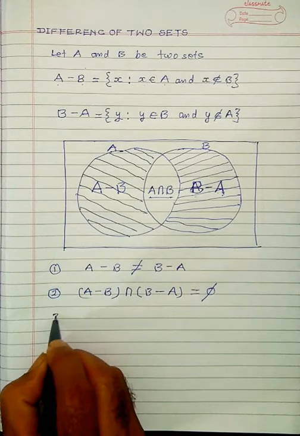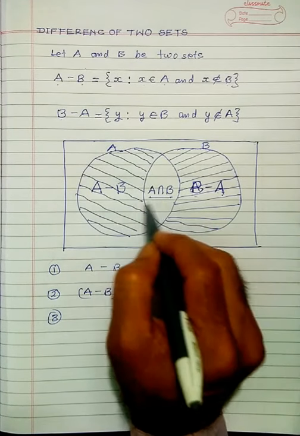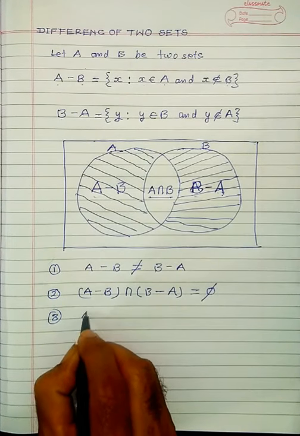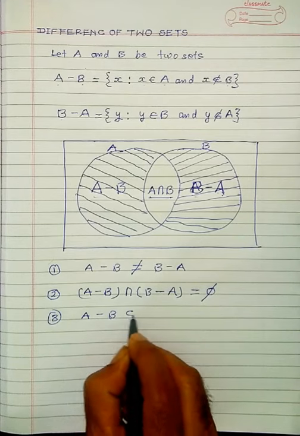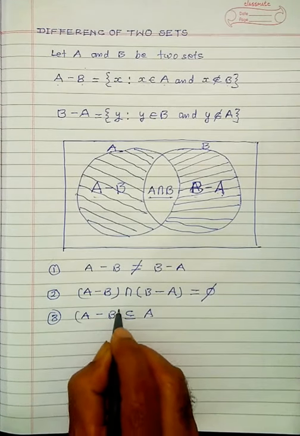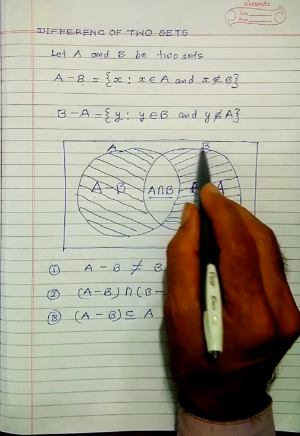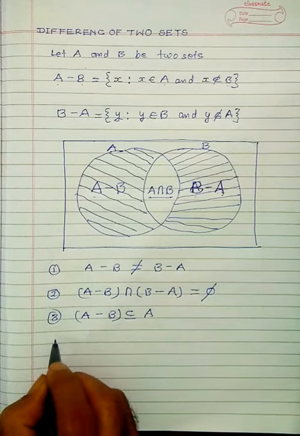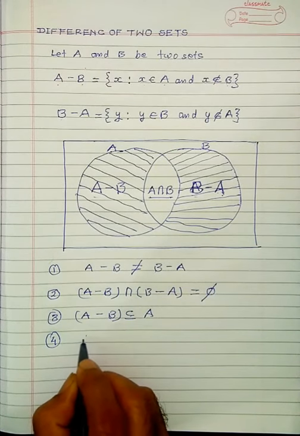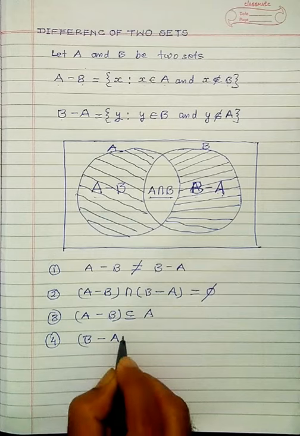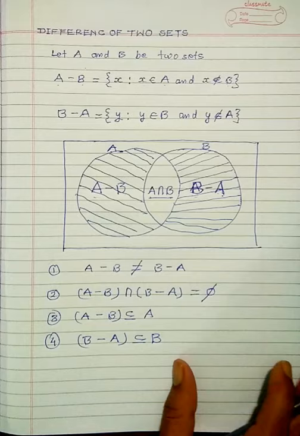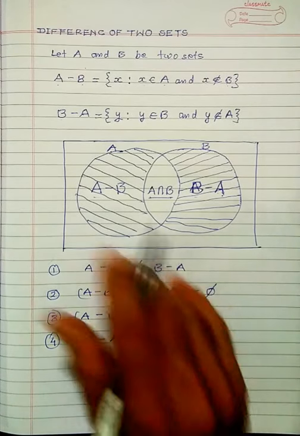Again, we can see that this shaded region is a subset of A. It means A minus B is a subset of A. In the same way, you can see that this shaded region is a subset of B. B minus A is a subset of B. Then this is all about the difference of two sets A and B.